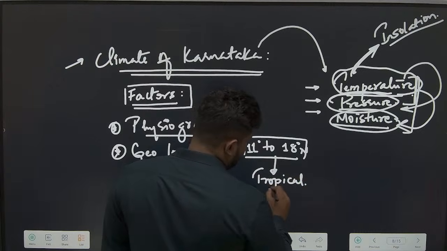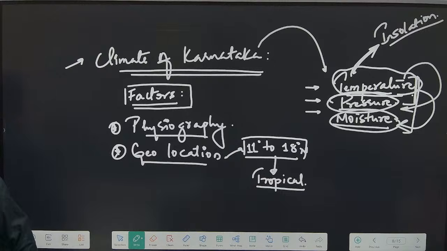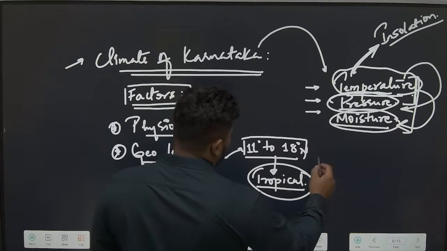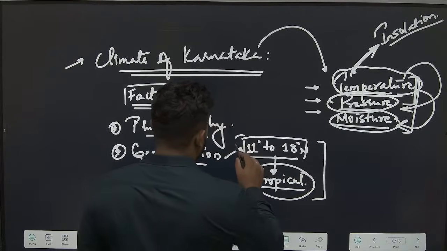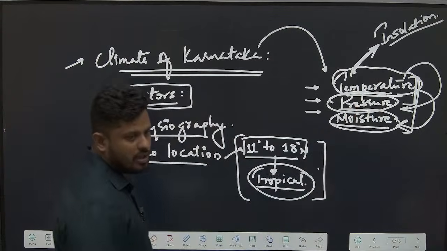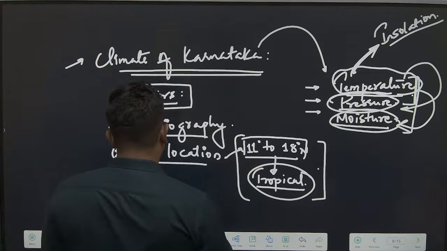Tropical belt. Subtropical is beyond 30, understand, beyond 23, and we have to be very specific. Okay. So being in the tropical belt, can I say Karnataka is a beneficiary of one of the highest insolations, incoming solar radiation? Yes, and we will have plentiful climatic diversity with that.